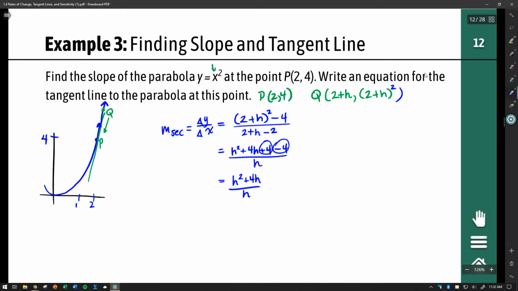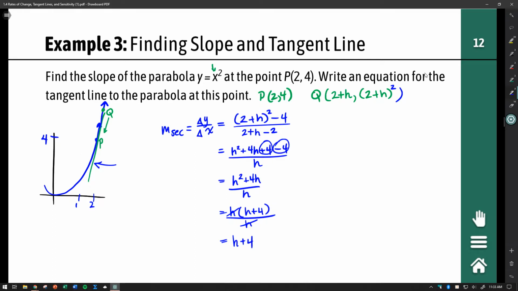And then in the numerator, it looks like both terms have a common h, so we can factor out that h and have left over h plus 4 over an h, and then that h is going to cancel, isn't it? Leaving us with h plus 4. So the slope of the secant line, here drawn in green, is h plus 4, or 4 plus h, depending on the order in which you did your work here.